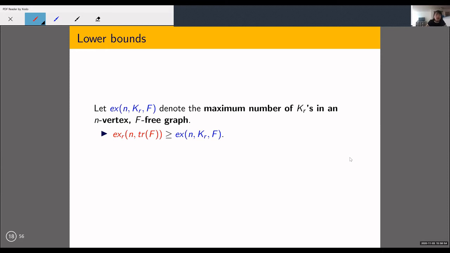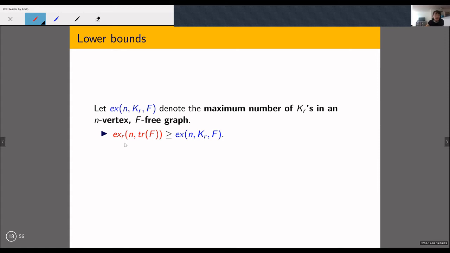So if we denote this function by ex(n, K_r, F), this is called the generalized Turán number. This function is counting the maximum number of cliques of order r in an F-free graph. In the case where r is equal to 2, this is exactly just the Turán number, a function which we talk about for graphs. So how does it relate to this hypergraph Turán number?